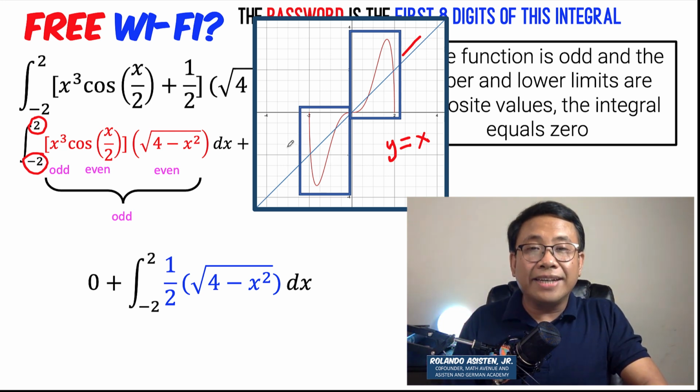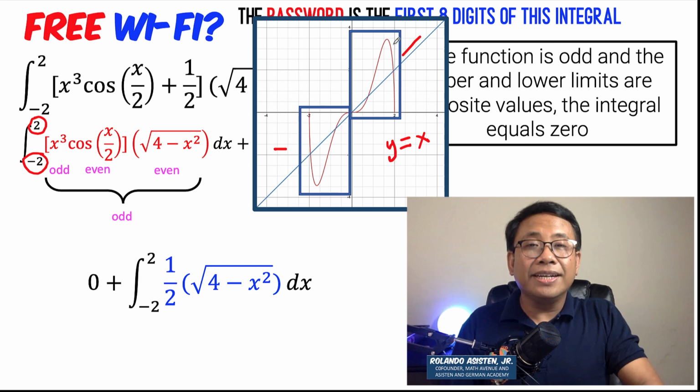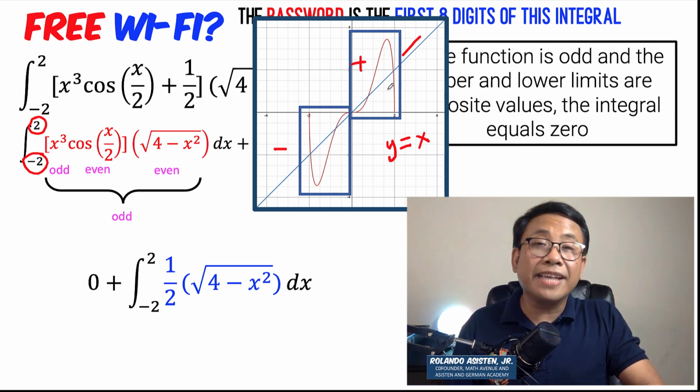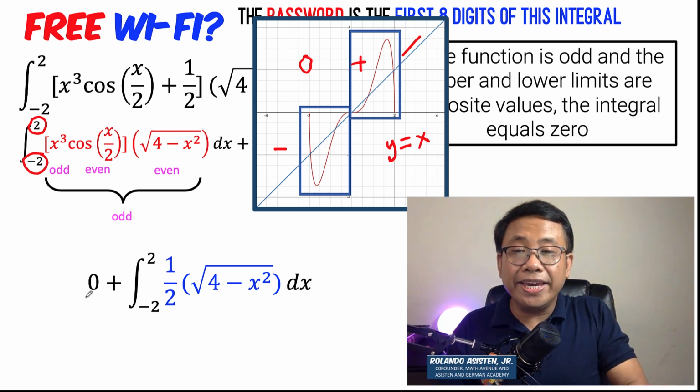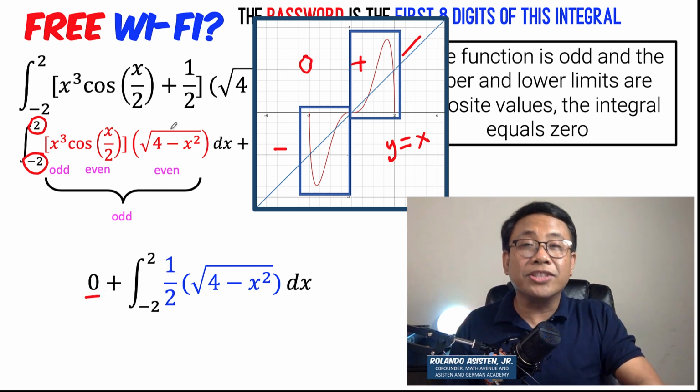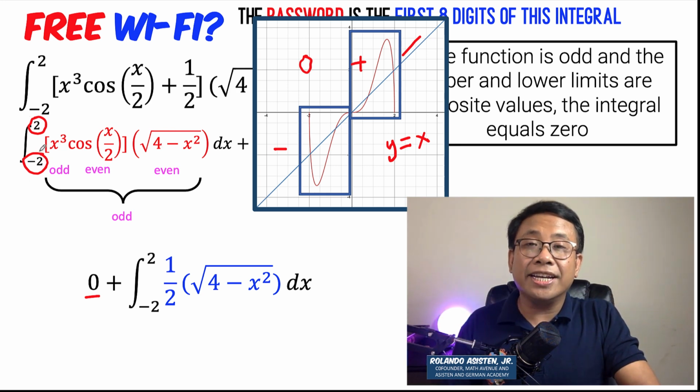That means the area here is negative, the area here is positive, and they are symmetrical. They have the same areas. Therefore, they will cancel each other out. And so the result would be 0. That is why now we have here 0, because conceptually, definite integration is finding the area under a curve from the lower limit of integration to the upper limit of integration.